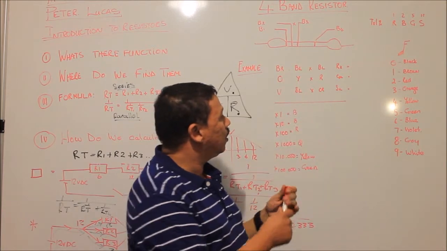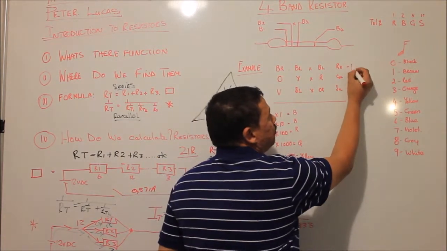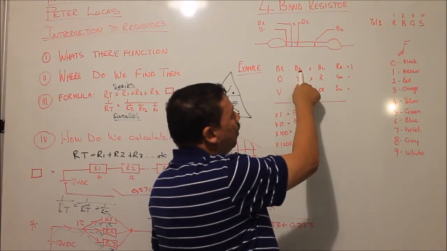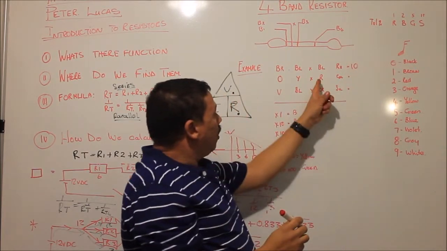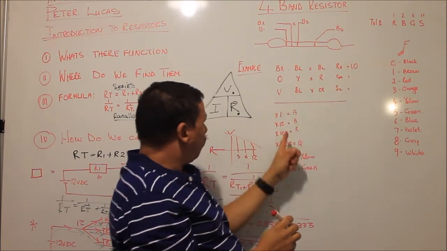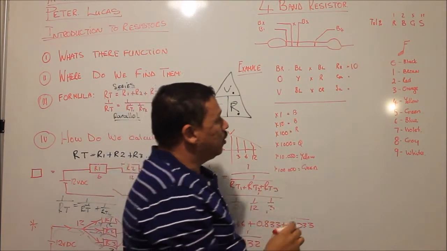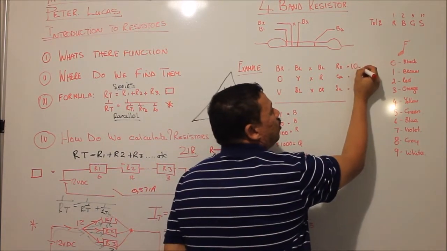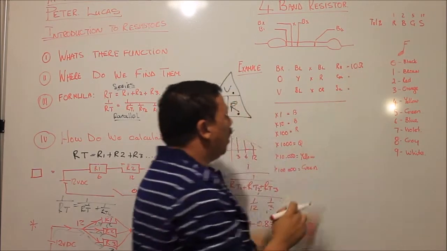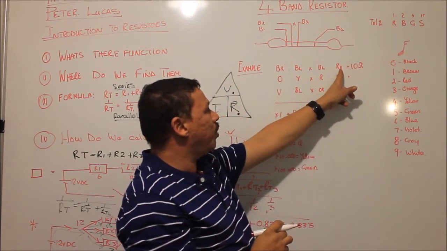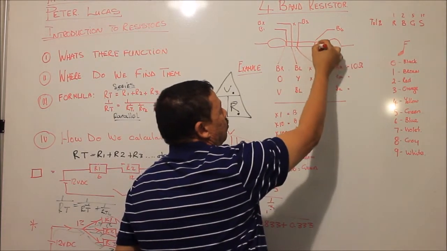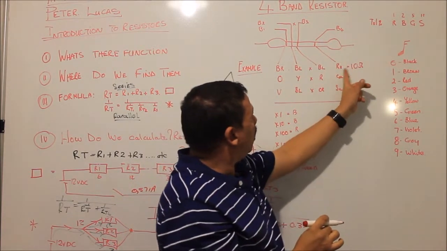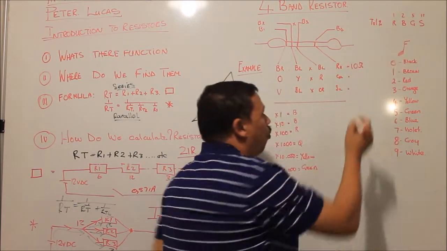Brown is a 1, black is a 0, and we have another black. Black multiplier is 1, so that is 10 ohms. And the red is the tolerance band, so that's 1%.